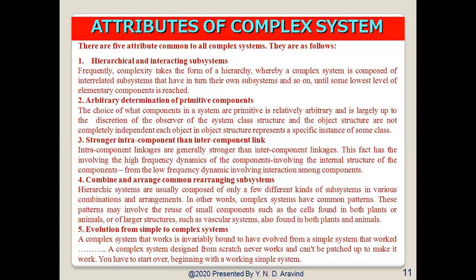In other words, complex systems have common patterns, and these patterns may involve the reuse of small components such as cells found in both plants and animals, or of large structures such as vascular systems also found in both plants and animals.